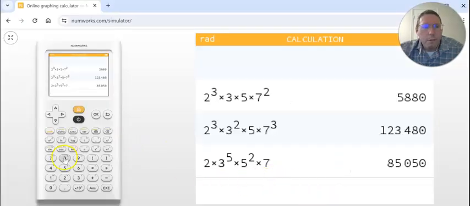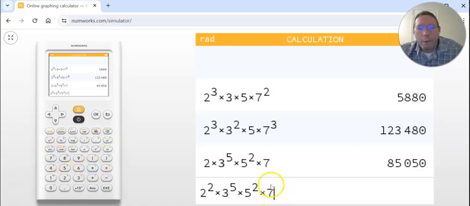So we've got 2 squared times 3 to the 5th, come out of the exponent, times 5 squared, and then times 7. Now I want you to notice something here. This is the exact same one we just did: 7 to the 1st power, 5 to the 2nd power, 3 to the 5th power. The only difference is that instead of being 2 to the 1st power, it's 2 to the 2nd power.